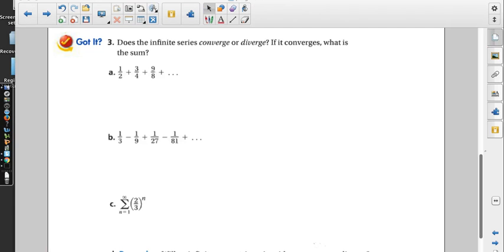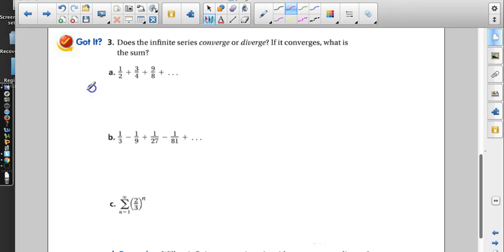This one, they're flat out telling us it's infinite, but they wouldn't have to tell us. Take a look at this series and tell your partner what here tells us this is infinite if they didn't give us those instructions. Dot, dot, dot. That's what does it. If it says, does the infinite series converge or diverge? First of all, we'd have to make sure this is geometric.